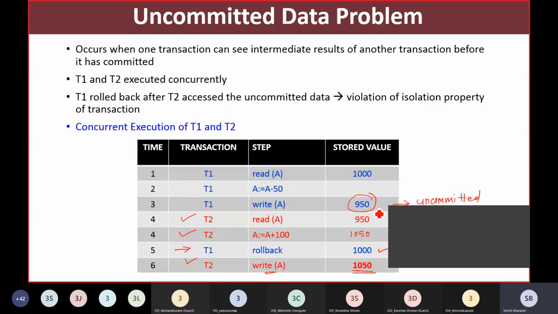Right? So T2 is reading this intermediate result of transaction T1 before T1 commits. Right? And that is why the wrong value has been read by T2. So ultimately, the wrong result is being produced. Right?